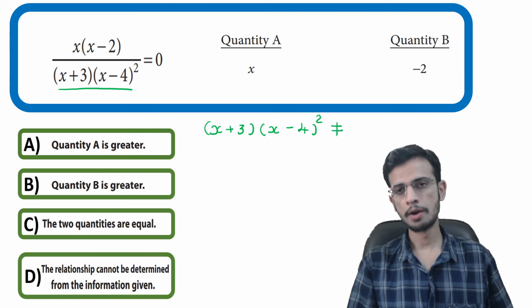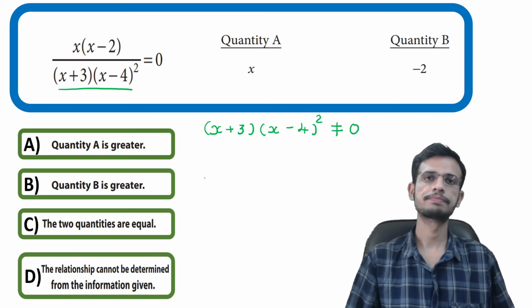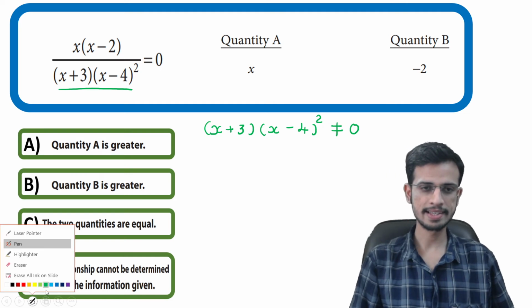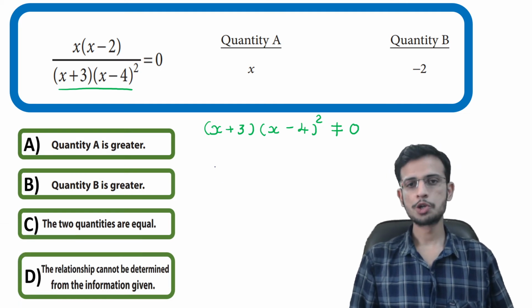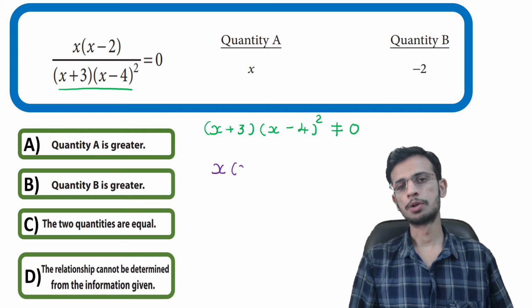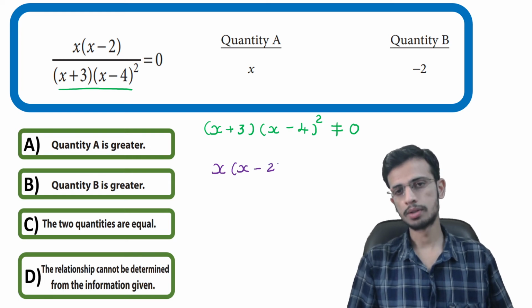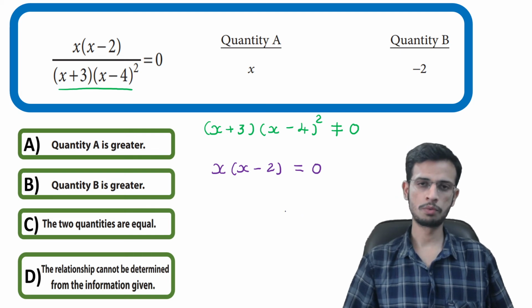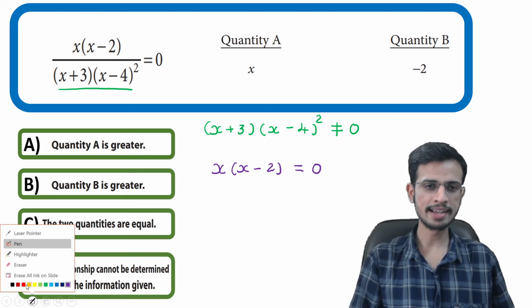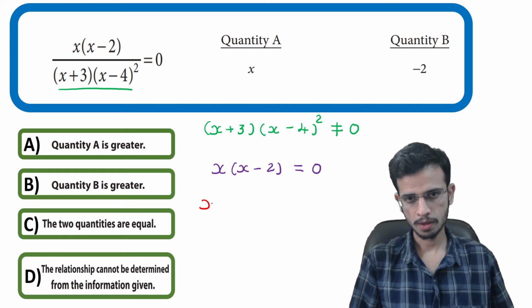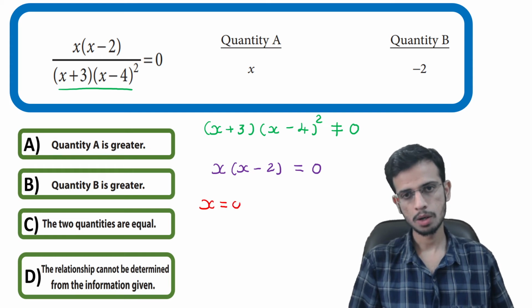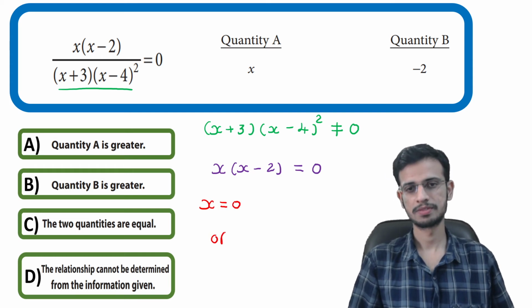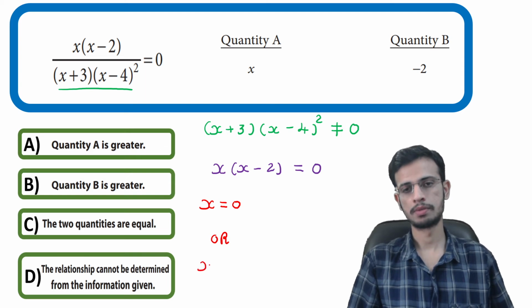So we have to equate the numerator to 0. We'll say x into x minus 2 is equal to 0. This should be 0, then only the equation will hold. So we will get two values of x. Either x can be 0 or x will be 2. There are two possible solutions for this equation.